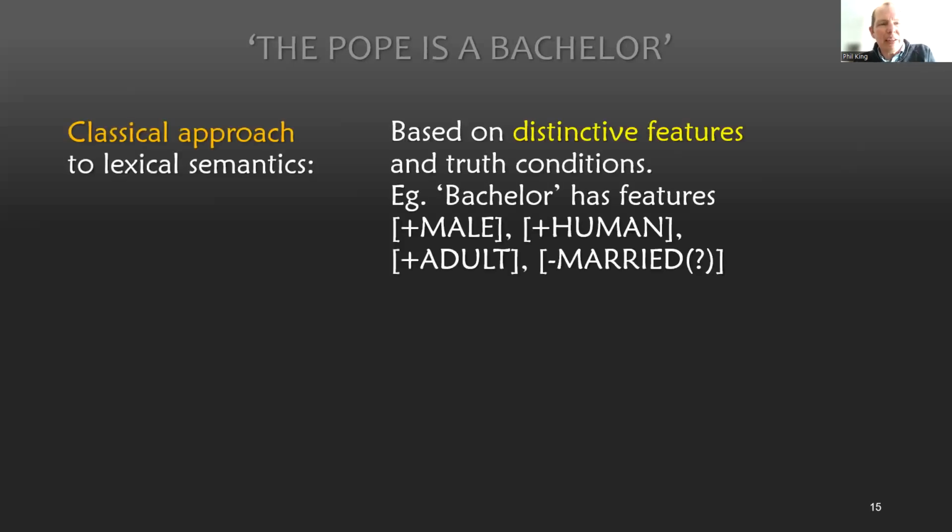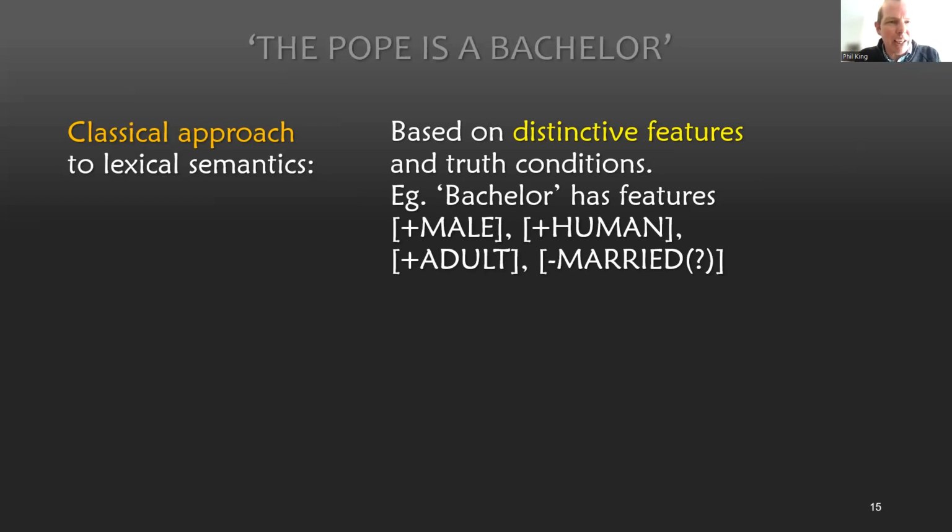The problem here highlights the difference between two different approaches to lexical semantics. According to the classical approach, word meanings are based on distinctive features, similar to those in phonology, which works well with structuralist assumptions about language.